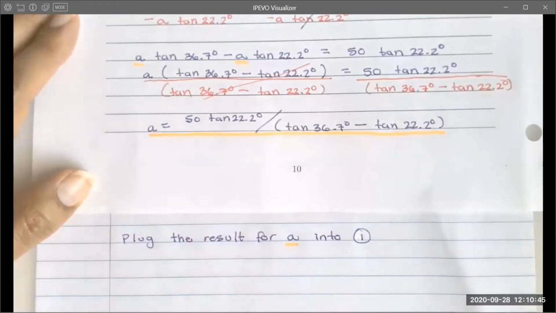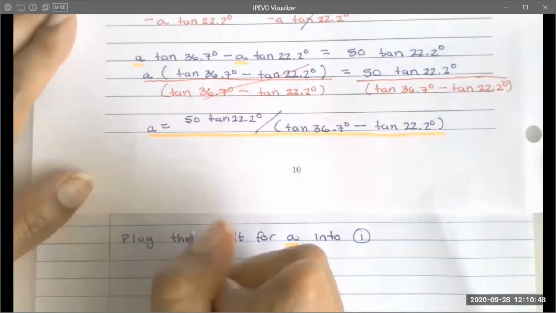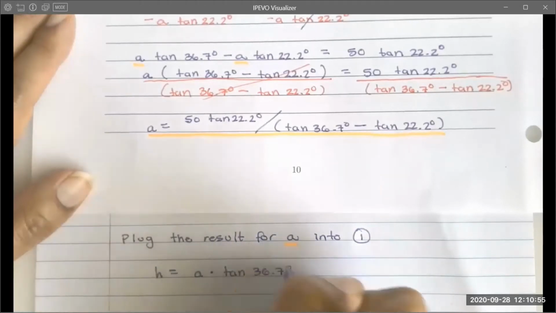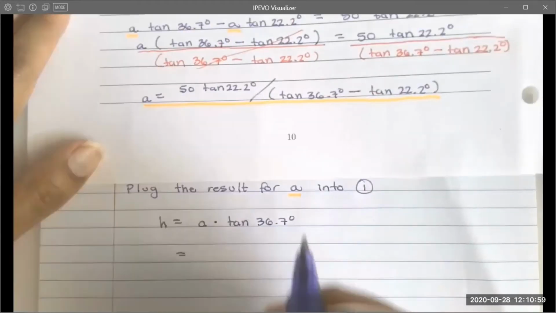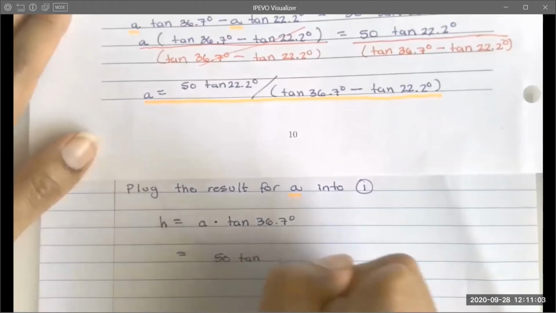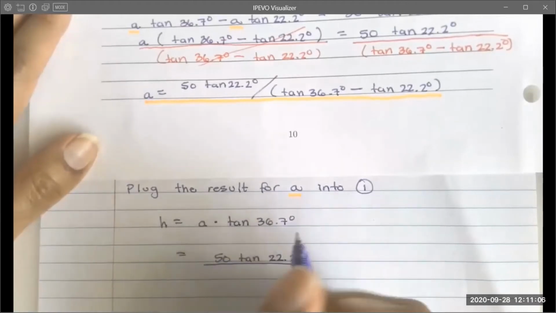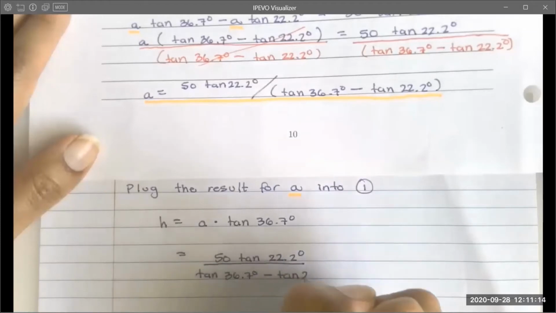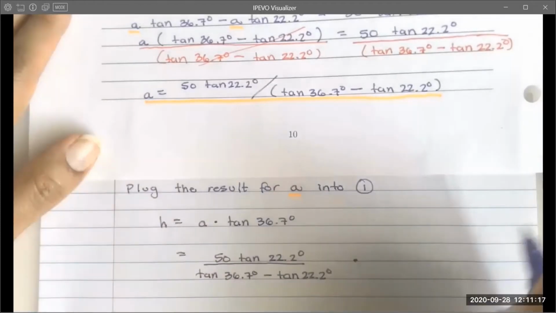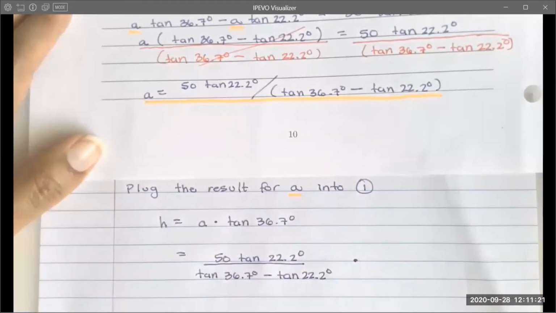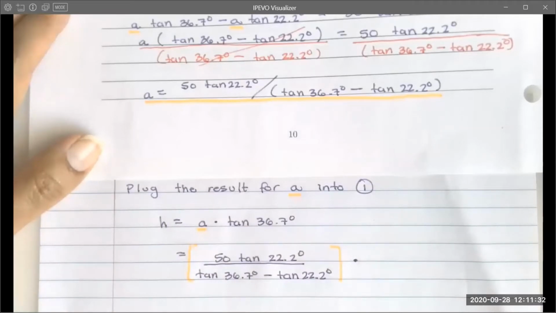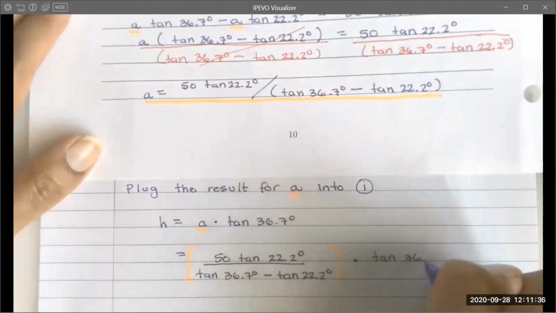Okay, so plugging it into 1 is going to give us H equals, let me just write the original expression first, A times tangent of 36.7 degrees, which equals 50 times tangent of 22.2 degrees divided by the difference tangent 36.7 degrees minus tangent 22.2 degrees multiplied with, so this, all of this is A. And so all of this stuff here is A. And then multiplied with the tangent of 36.7 degrees.